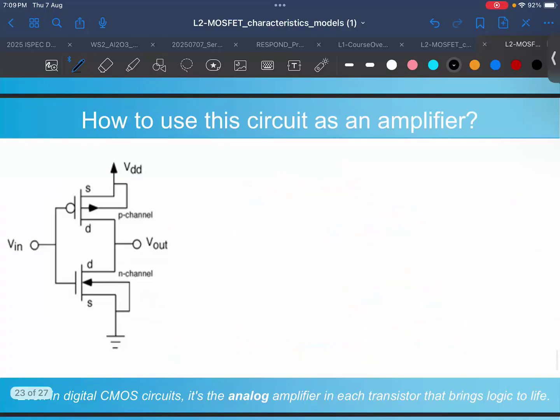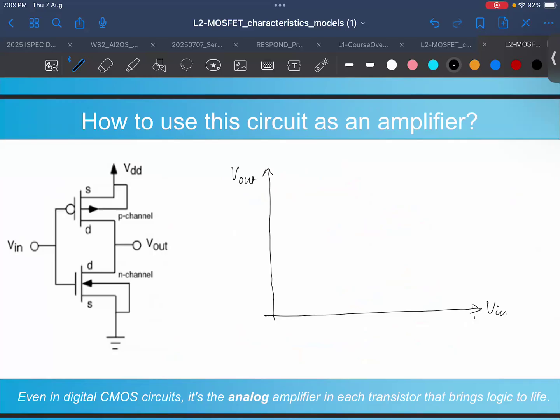So if we want to use the circuit as an amplifier, this is my V out, this is my V in, and what are we amplifying? Obviously a small signal which is very weak. If we are interested in amplifying a weak signal, where do we need to go? We need to be working in this region, right?